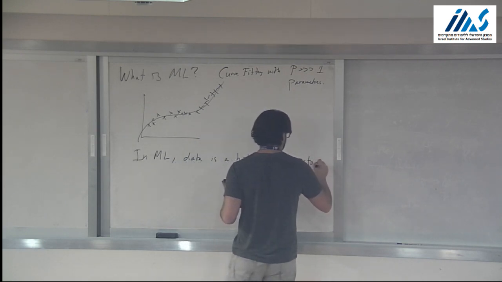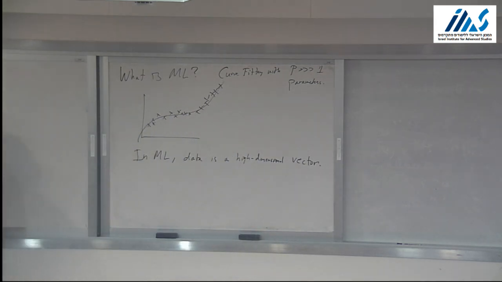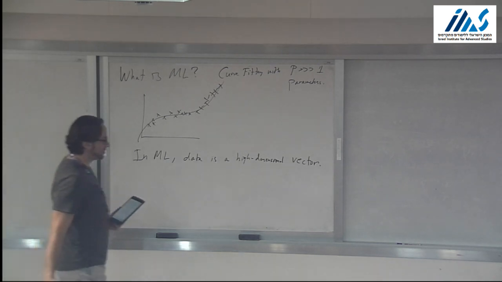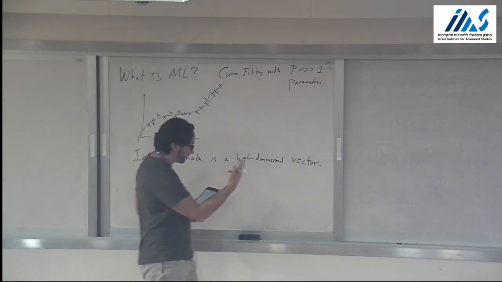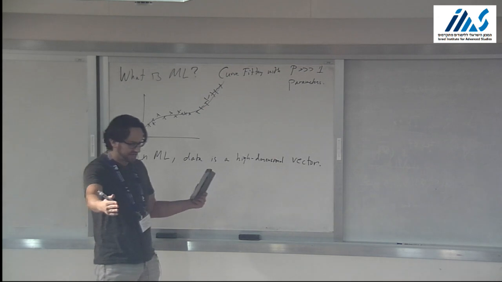And when I say vector, I don't necessarily mean it in a mathematically careful, rigorous sense where it has certain linear properties. I just really mean a list of numbers with a lot of numbers in them.